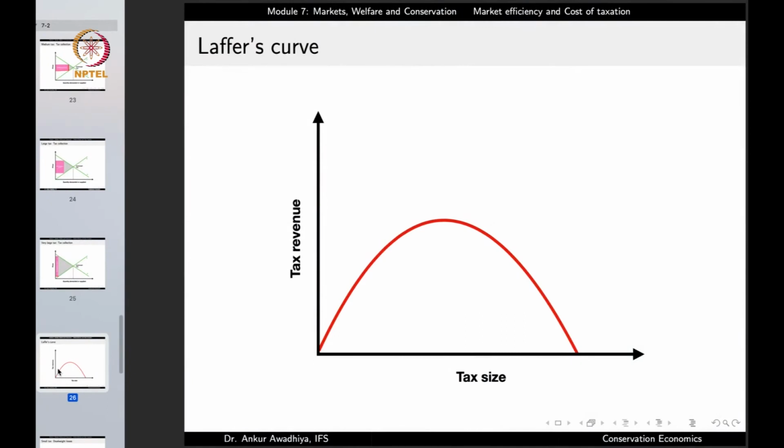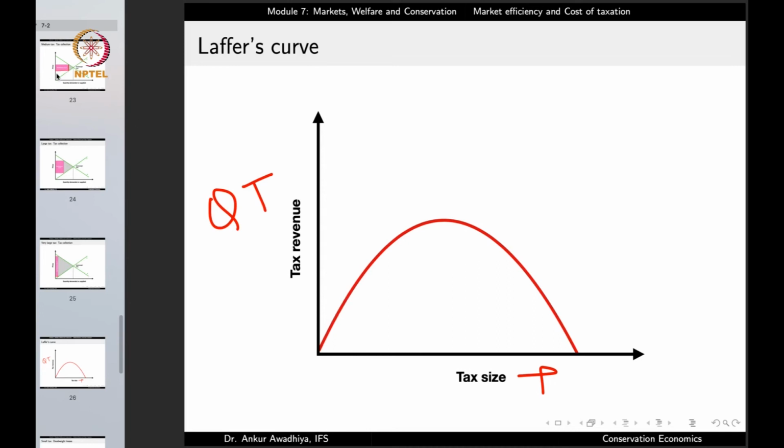Now, Laffer's curve says that if we plot the tax size, T, on the x-axis, and tax revenue on the y-axis, meaning that on the y-axis we are plotting Q times T. So in this case, as T increases, Q into T increases.